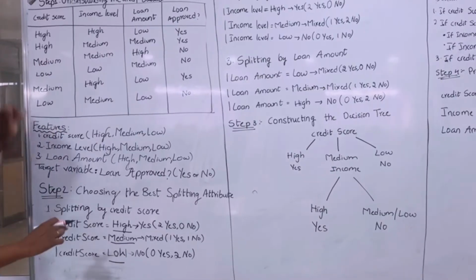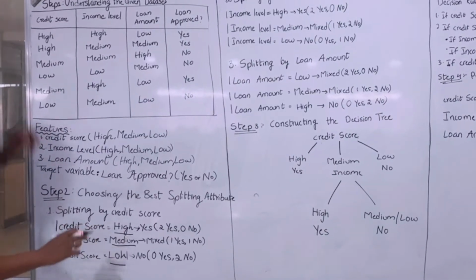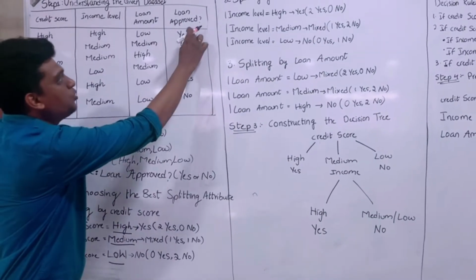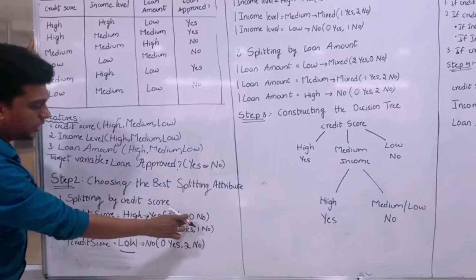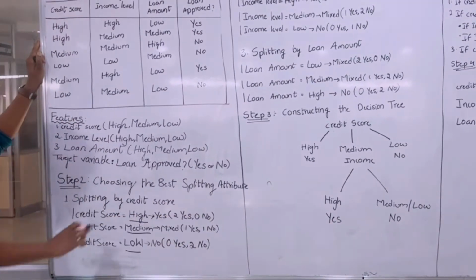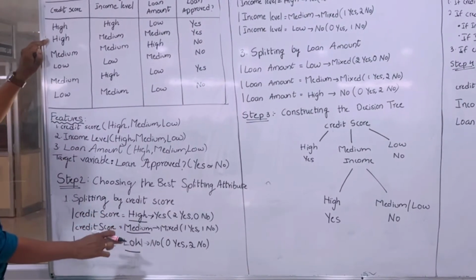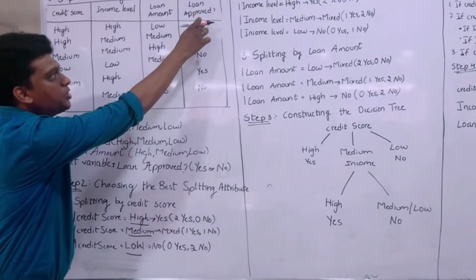For the credit score high, we have 2 loan approved as yes, so 2 yes, and 0 no's. When the credit score is high, the loan approved is yes only.